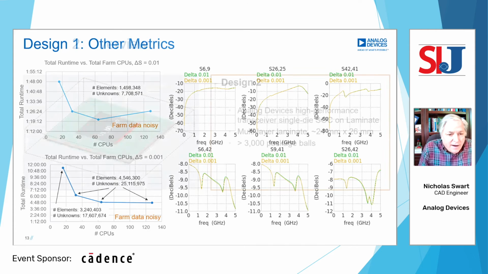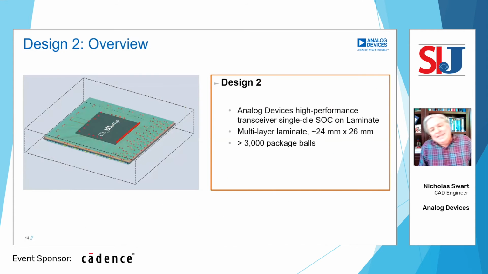Okay, so let's go to design number 2. And here we're looking at a much more challenging problem for Clarity. So this is a laminate for one of our high performance transceiver SoCs. Okay, it's a multi-layer laminate. The BGA has over 3,000 balls.